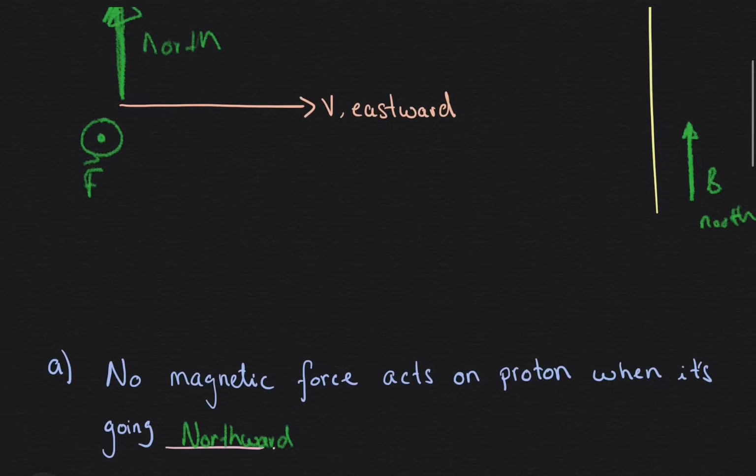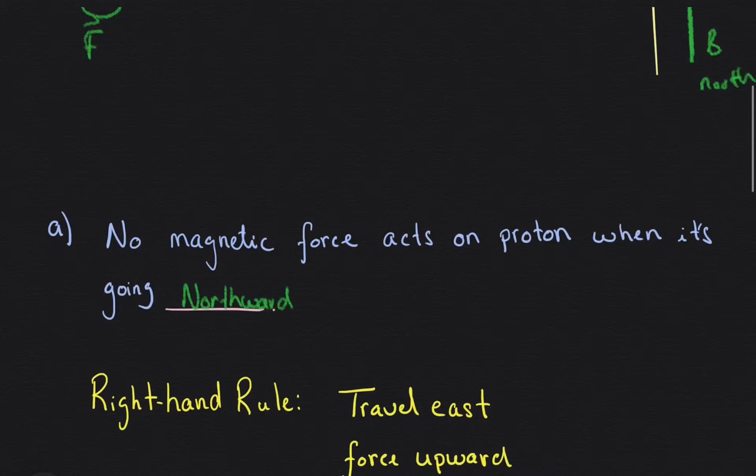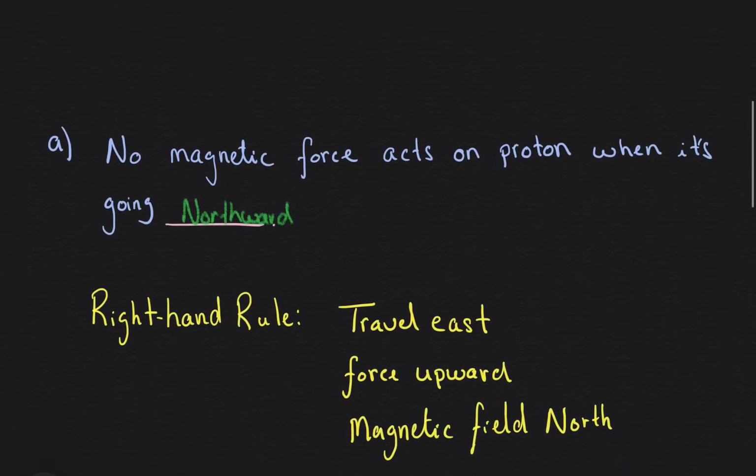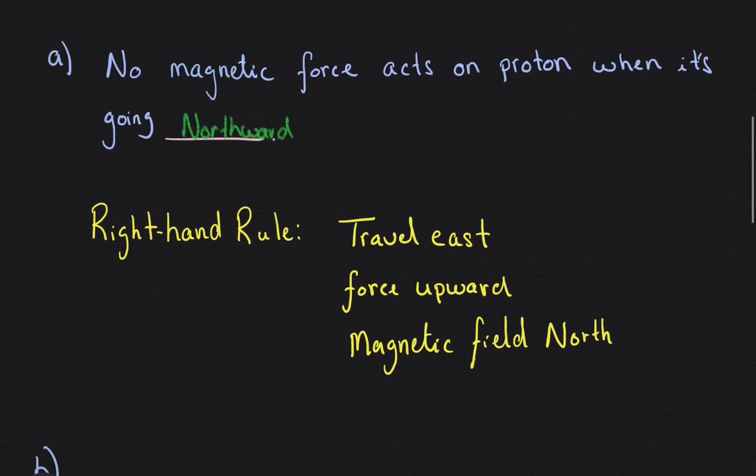All right. So the first part is, what is the direction of the magnetic field? Well, we deduce that by using our right-hand rule, but let me write this a little bit more formally. So we're traveling eastward, so this is the velocity. The force is going upwards, and the magnetic field will be north.